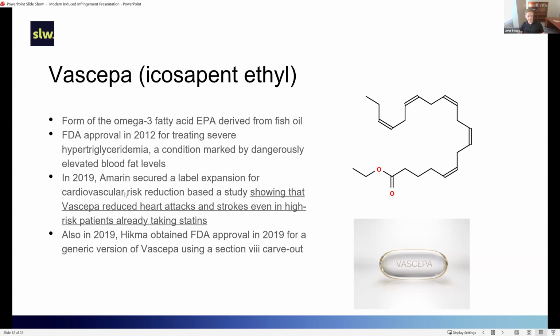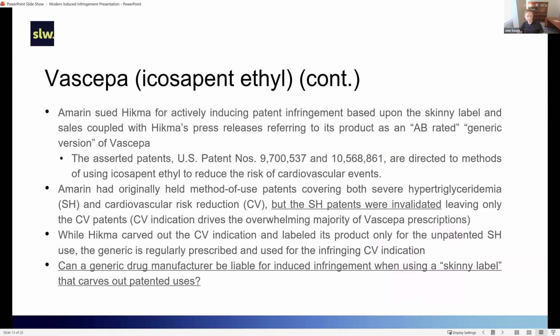So here, Amarin is the brand name. Hikma is the follow-on generic manufacturer. So also in 2019, same time period as this new discovery of a new use for an old drug, Hikma obtains FDA approval for a generic version of Vascepa using a Section 8 carve-out.